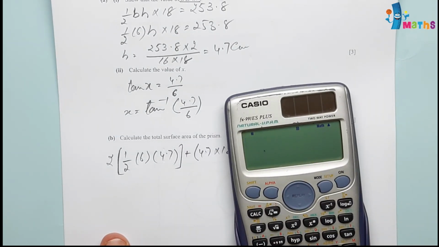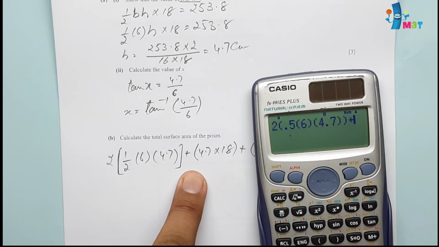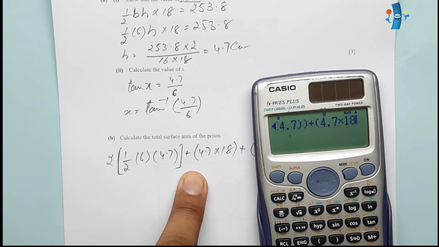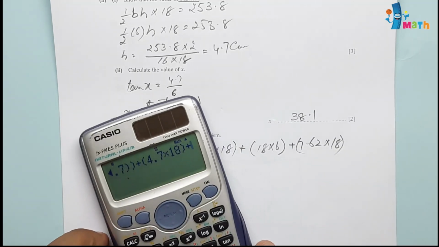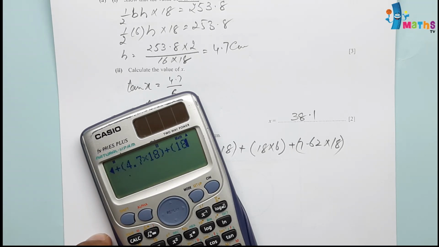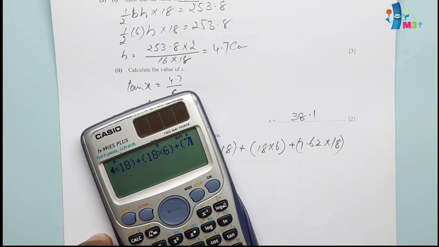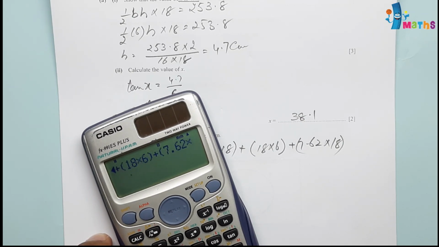We can write 2, then in brackets 1 by 2 meaning 0.5 into 6 and 4.7. So this bracket will be closed, then plus 4.7 multiplied by 18, bracket closed, then plus 18 multiplied by 6, and plus last term, which is 7.62 multiplied by 18.